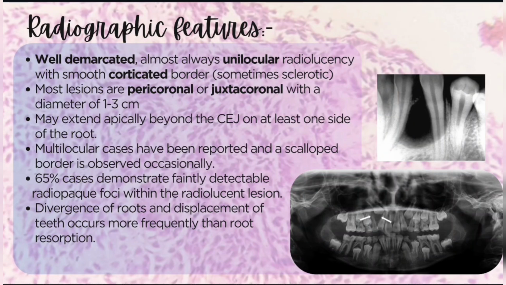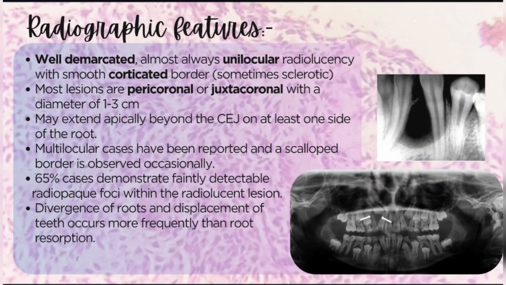or peripheral lesions which cannot be appreciated well in the radiographic film. But most of the lesions are pericoronal, that is surrounded or near the coronal portion of the tooth. The lesion may extend apically beyond the CAJ on at least one side of the root.